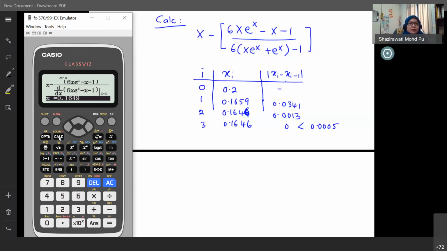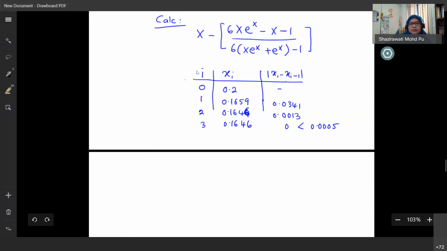It is way easier if you can utilize your calculator, but manually, I've shown you how it works in the manual calculation. Finally, of course, you need to write down your final answer. So in the last line, you write your approximated root. It's approximated to the latest x that you have in your table, which is x3, 0.1646.